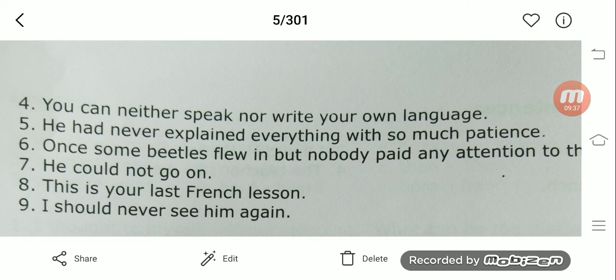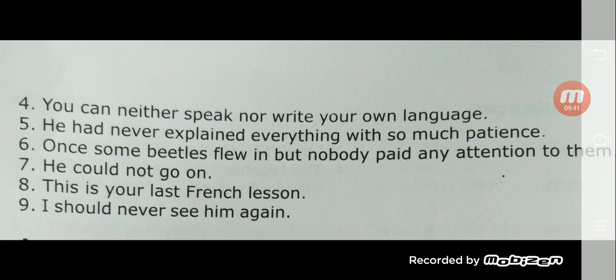"Once some beetles flew in, but nobody paid any attention to them." How are we going to write? We are talking about many, and "them" is there. What are you going to write? It is: didn't they?